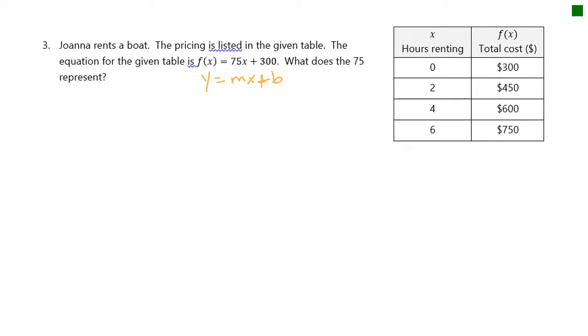All right, so 300 has to be the number that does not change, and you can see that, right? If they rent for 0 hours, the total cost is going to be 300. That's a starting point. Okay, so 75 has to be what? Well, you see the hours are increasing and the price is increasing. So 75 has to be the cost for each hour.